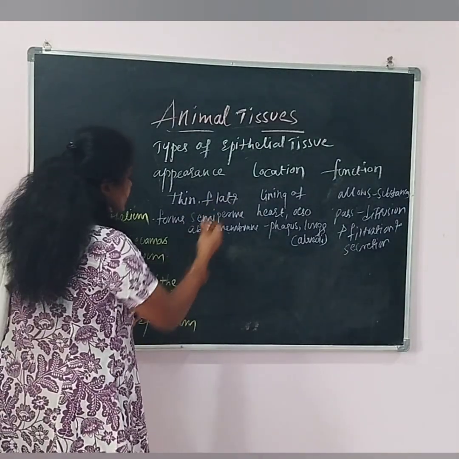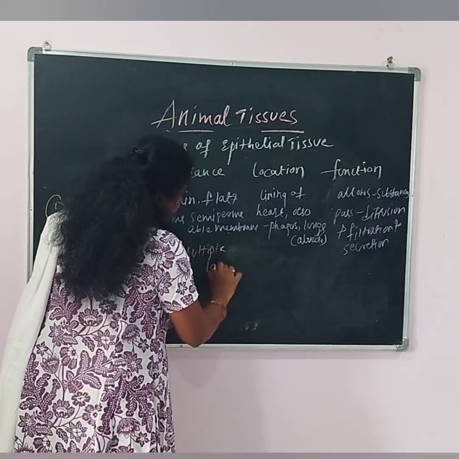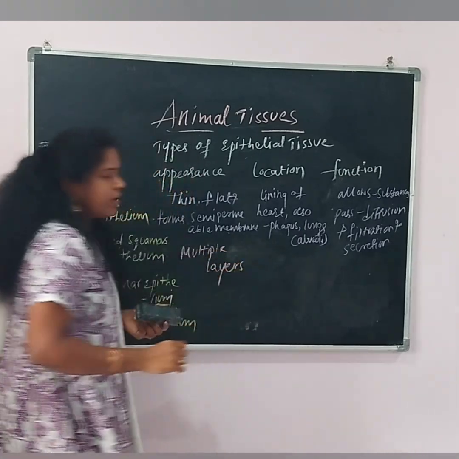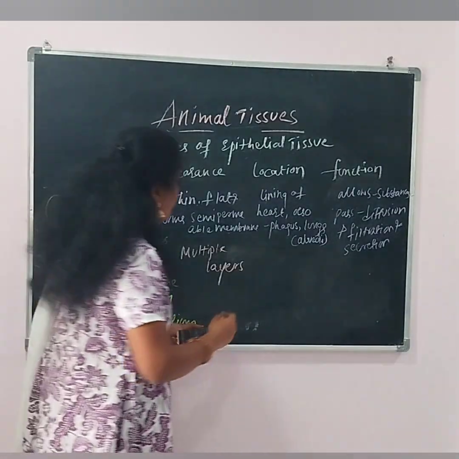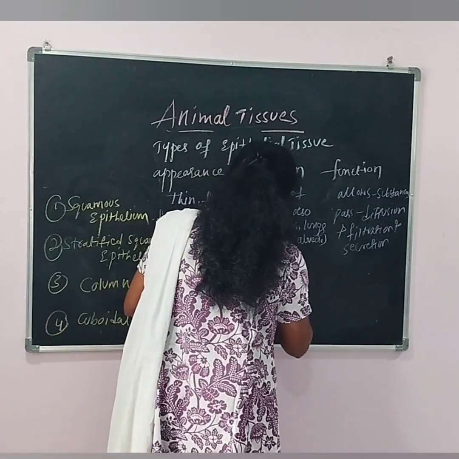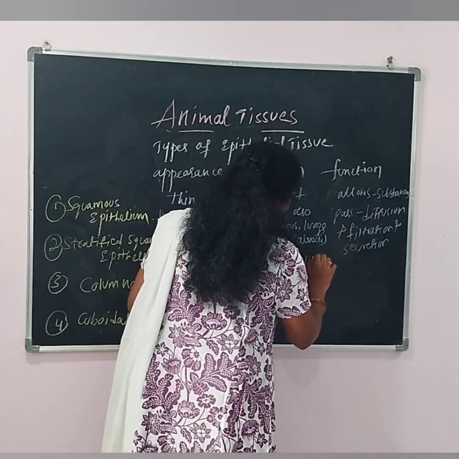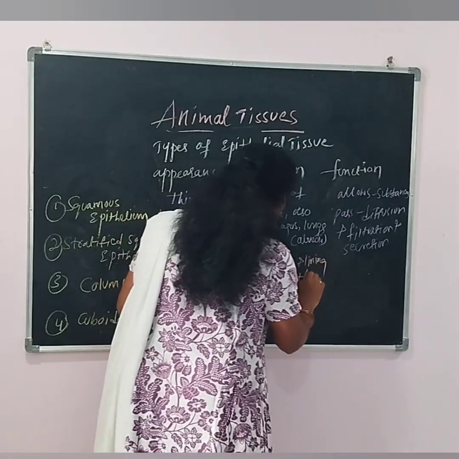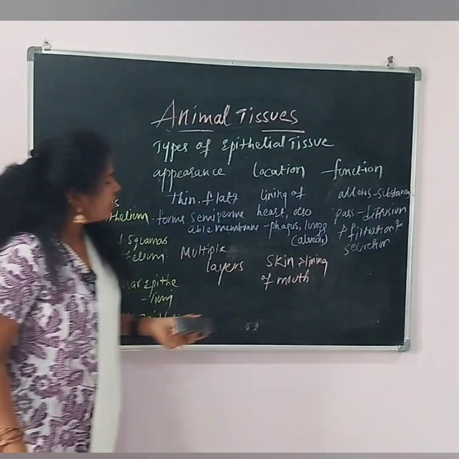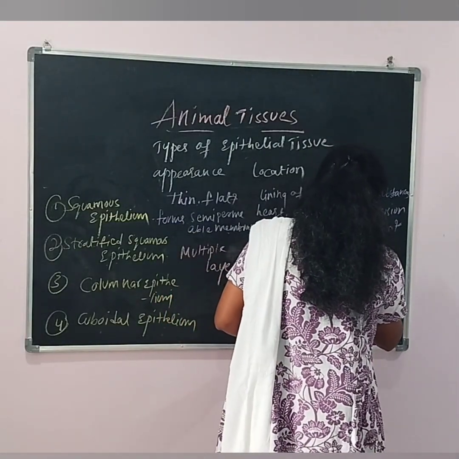Next, second one is stratified squamous epithelium. Here it is simple, thin, flat, with multiple layers. And where can we find this stratified squamous epithelium? Skin, the outer layer of the skin, and the lining of the mouth. And function, what? Absorption and secretion.